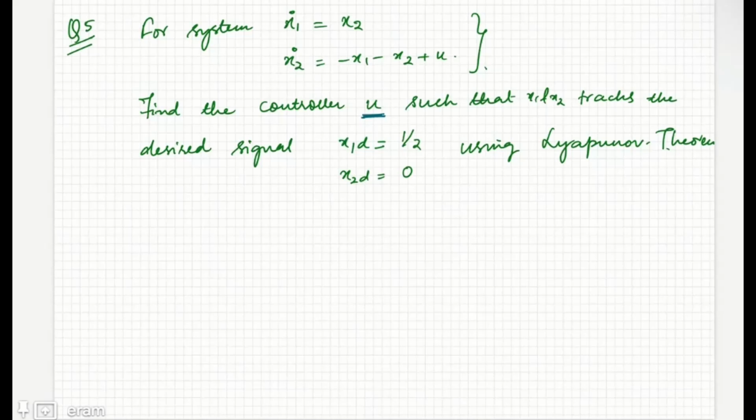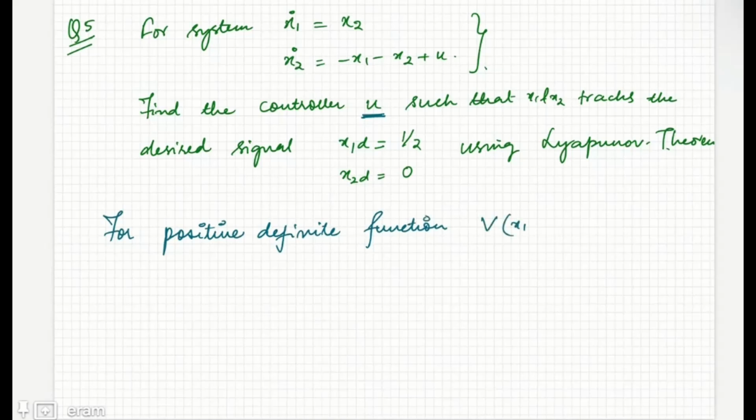So let's recall what Lyapunov says. For a positive definite function V(x1, x2), it is greater than 0 for (x1, x2) not equal to 0, and it is 0 only when x1 and x2 are 0.